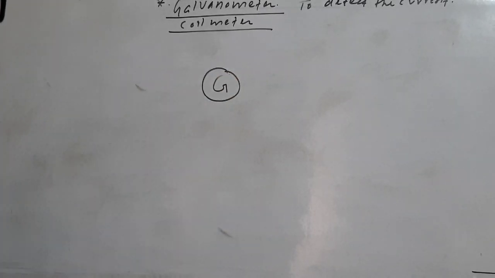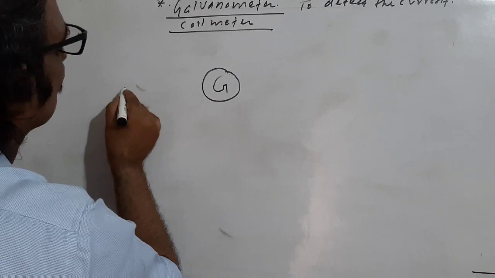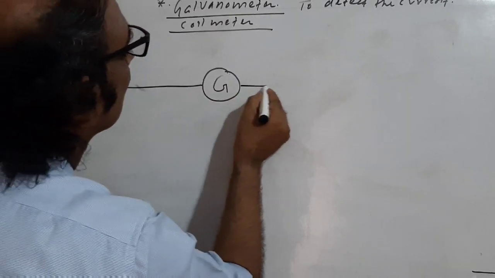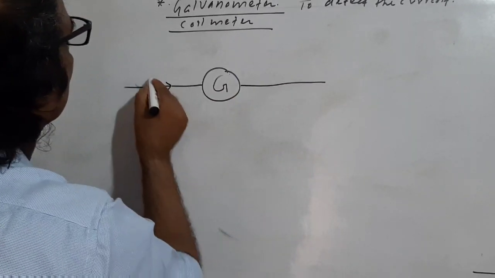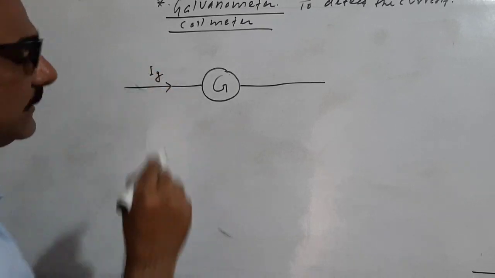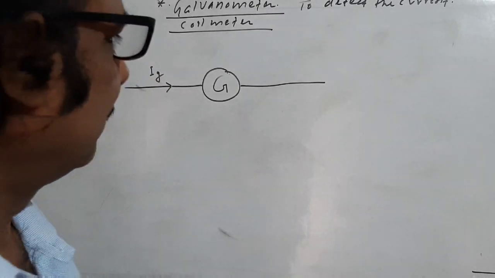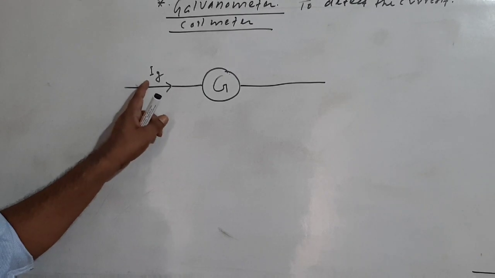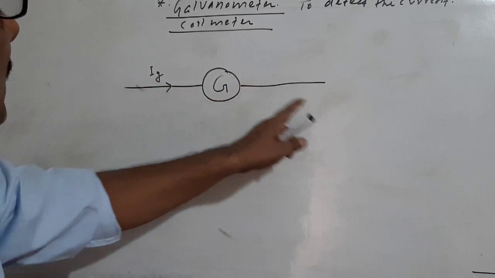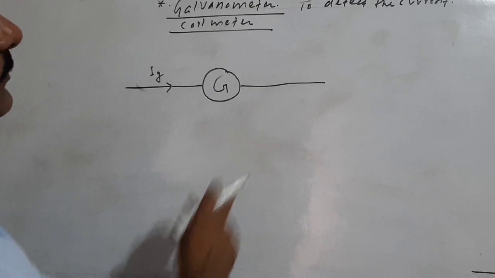Now consider a galvanometer, and the amount of current passing through the galvanometer is Ig, the current through the galvanometer. When the current Ig is allowed to pass through the galvanometer, it shows full deflection.